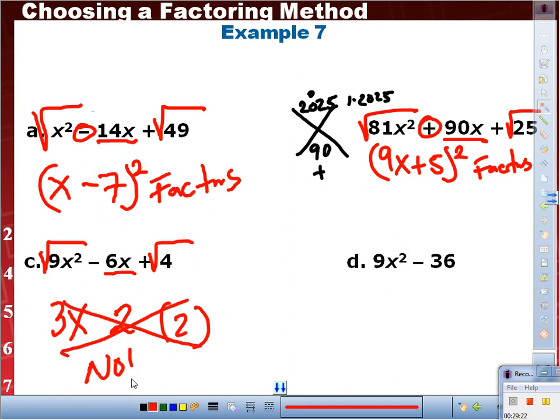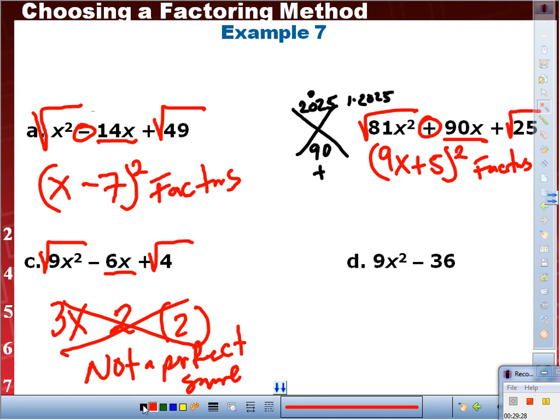Therefore, this is not a perfect square. Then you use a negative, like here. Okay, square root of the first, x. Square root of the last, 7. 7 times x, 7x. Double that, is that 14? Yes, use the negative sign and put it there.